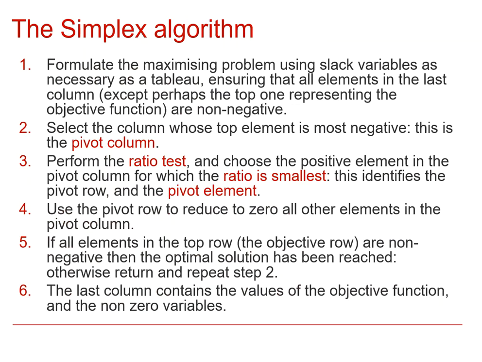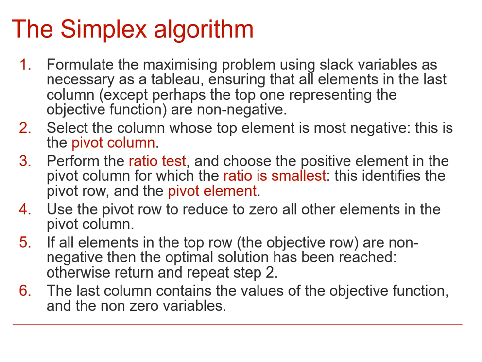Just as a quick summary then of the stages of the algorithm itself, we're starting with a linear programming problem. It must be a maximization problem, and we write it in augmented form using slack variables. And then we write the objective function such that everything is on the left.